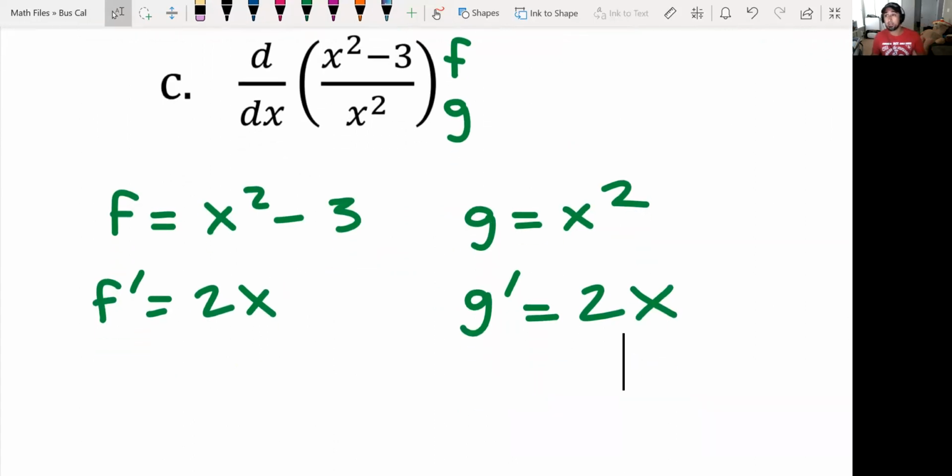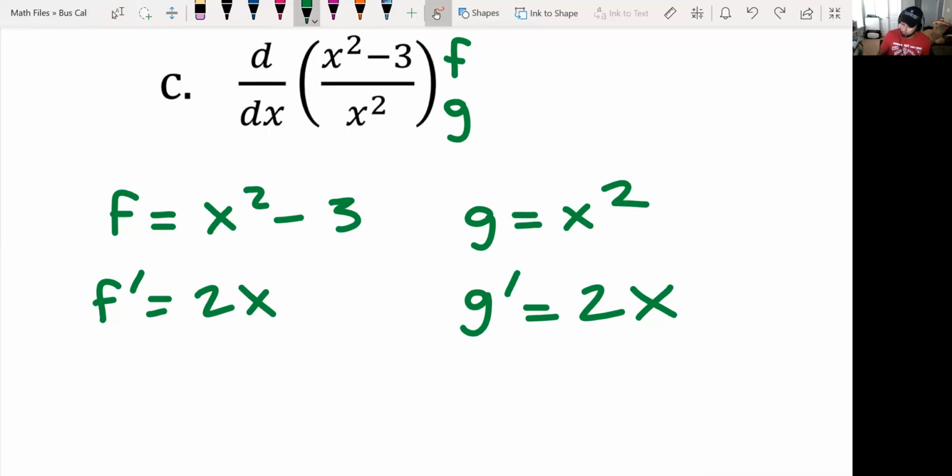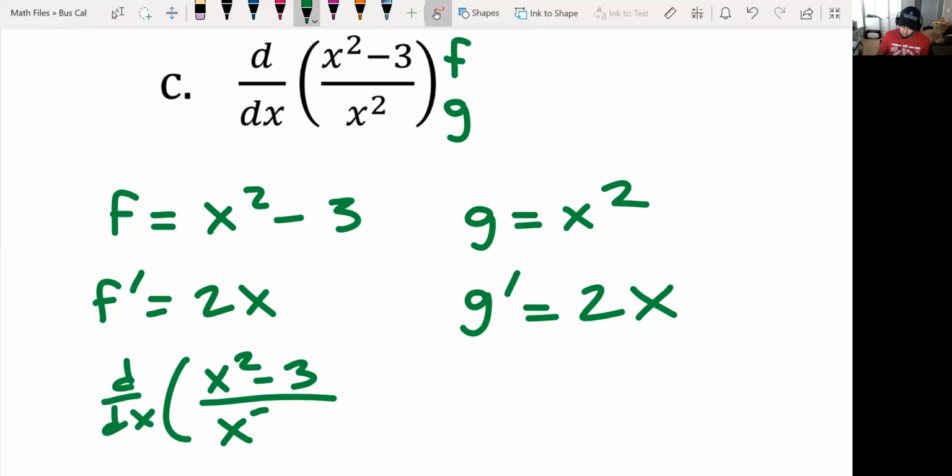All right, so this isn't an equation like the last ones. So this says take the derivative of this rational expression. So we start by rewriting it as d over dx of x squared minus 3 over x squared equal to, and now we follow the quotient rule.